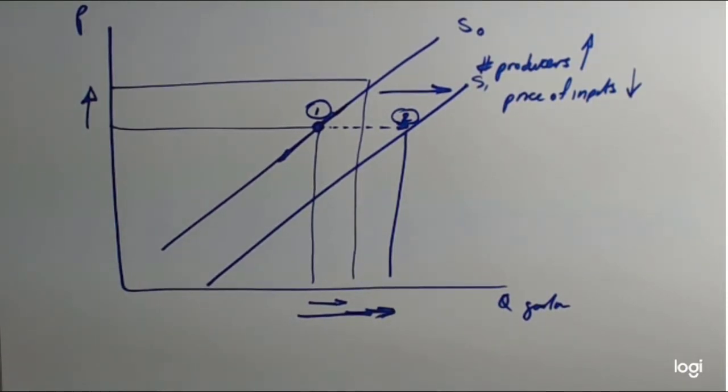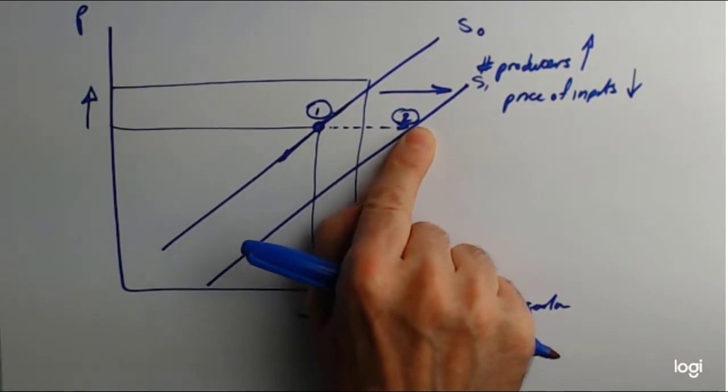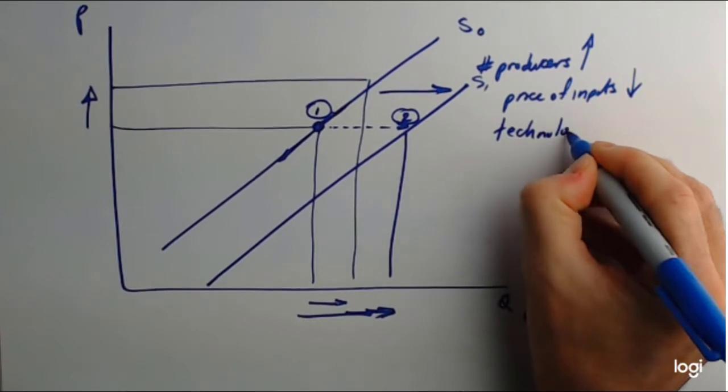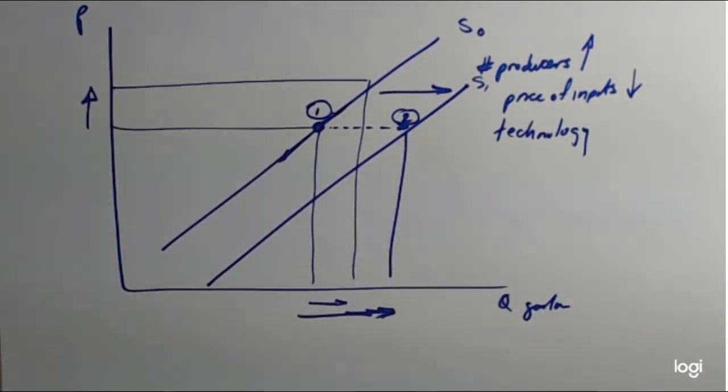Another cause for the shift of the supply curve out to the right would be an increase in technology. Very vague term. I think it's pretty easy to wrap your head around: if they use more technology, you can reduce costs, and that's one reason for adopting that technology. But technology is very difficult to pin down in economics.